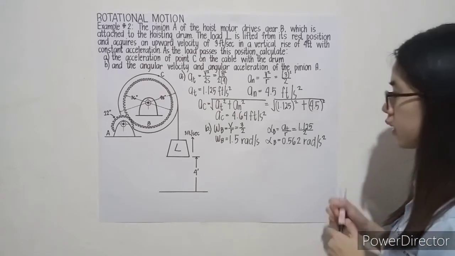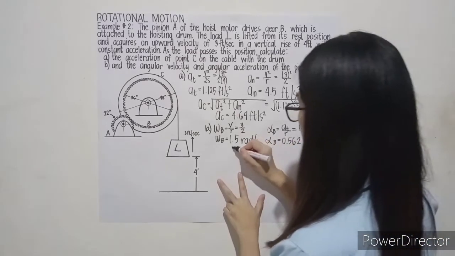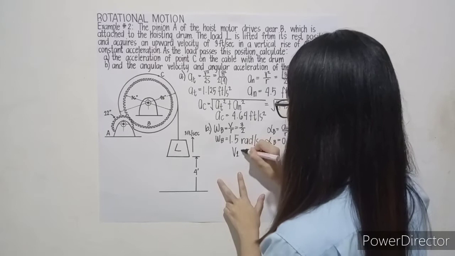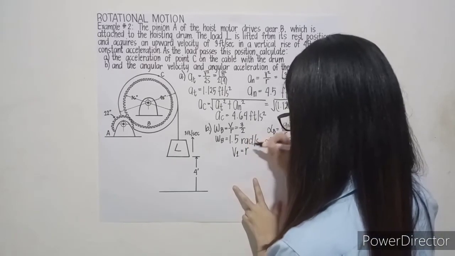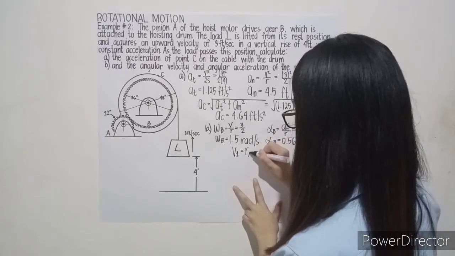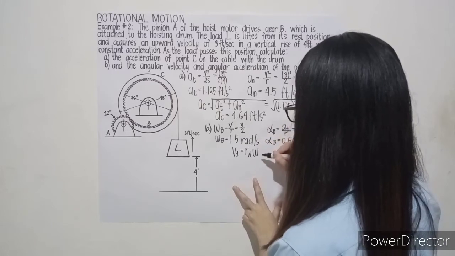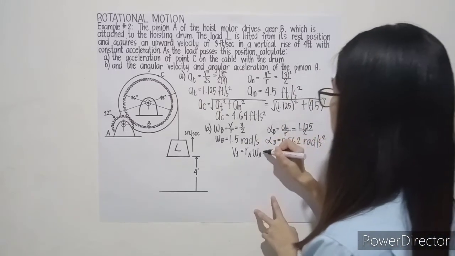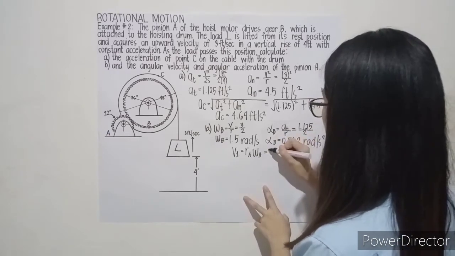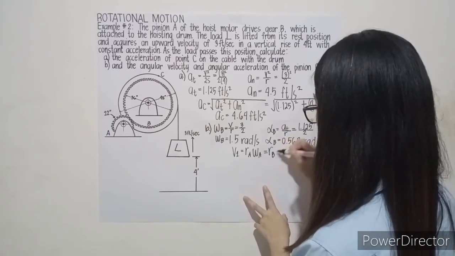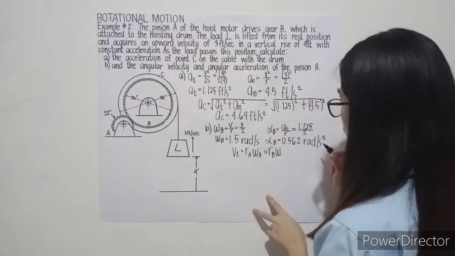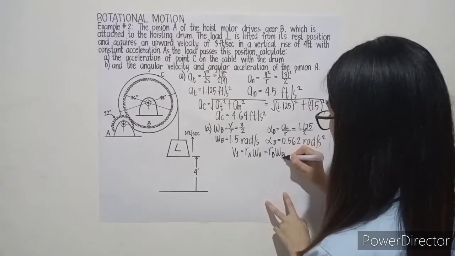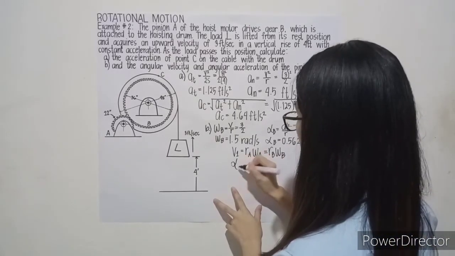And using this, velocity is equal to radius at point A multiplied by angular velocity A, and also equal to radius at point B multiplied by angular velocity of point B.